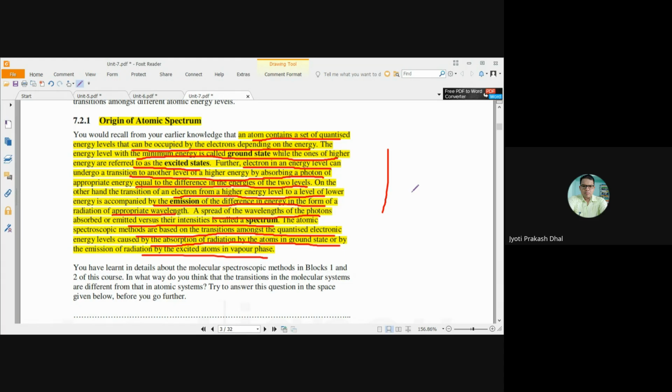So if the electron absorbs energy equal to that difference, then the electron will move from the ground state to the excited state. That is called the absorption spectrum. And again, the electrons coming back from the excited state to the ground state or a lower energy level, directly or indirectly, is called the emission spectrum.